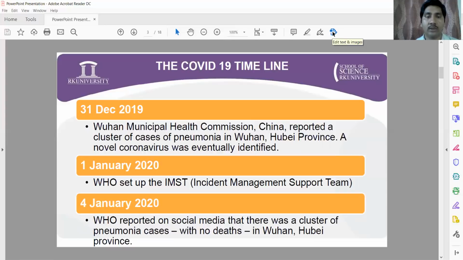On 1st January 2020, WHO set up an incident management support team which continuously coordinated with officers of China to investigate the matter. And on 4th January, WHO reported on social media that there was a cluster of pneumonia cases in Wuhan city, the causal organism of which was not reported by that time.